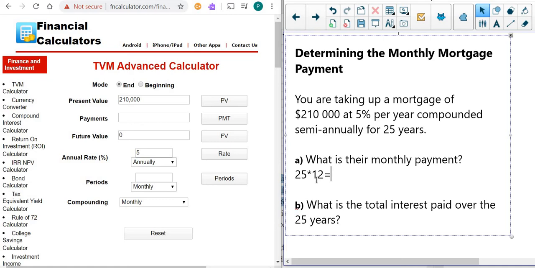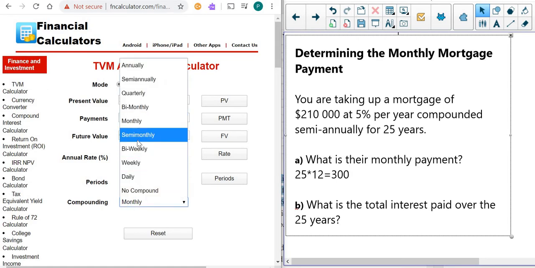And if you multiply this together, you're going to get 300. So that means you're going to be paying that amount that we're trying to calculate 300 times in the course of 25 years. Now, notice that the period is monthly. Compounding, it's not monthly, it's actually semi-annually or twice a year.